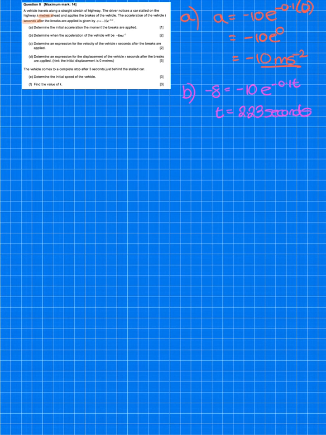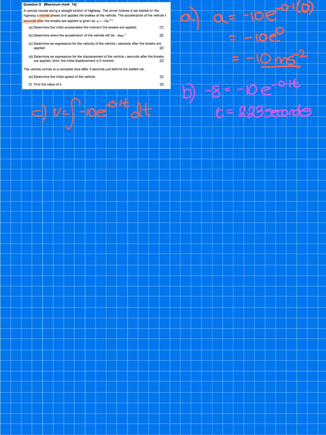Part C says determine an expression for the velocity of the vehicle t seconds after the brakes have been applied. Well, velocity, we've got acceleration. To get velocity, what we need to do is do the integral of the acceleration, which is negative 10e to the negative 0.1 t.